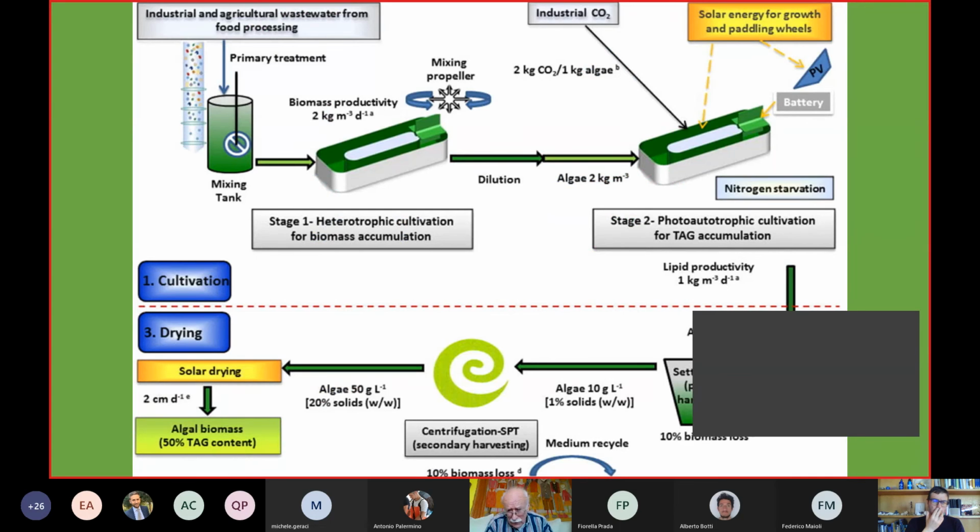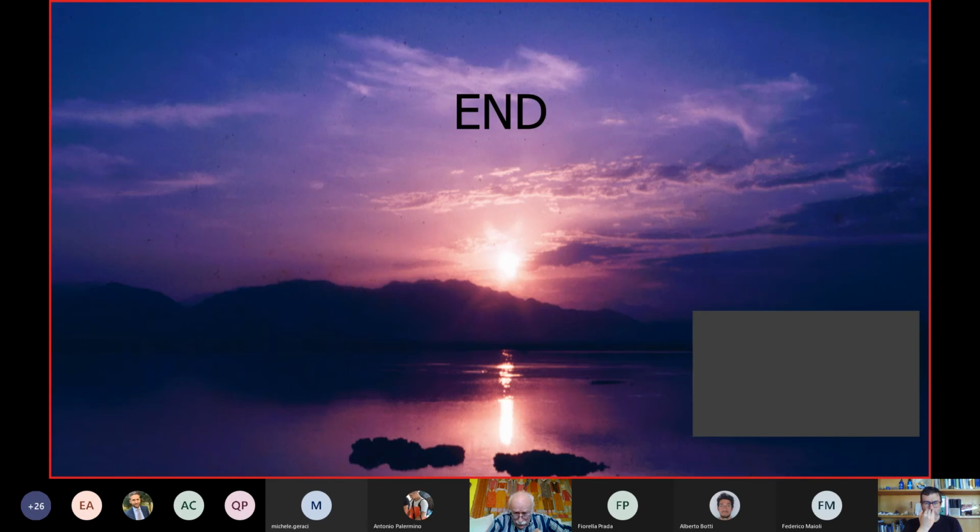Here we have a cartoon produced by our postdoctoral colleague, Dr. Saeed Abu Ghosh in our laboratory, that analyzes where are the costs and where you should and could increase the financial gains from culturing the algae. And that is the end of my presentation. And if you have any questions, I shall try to answer them.